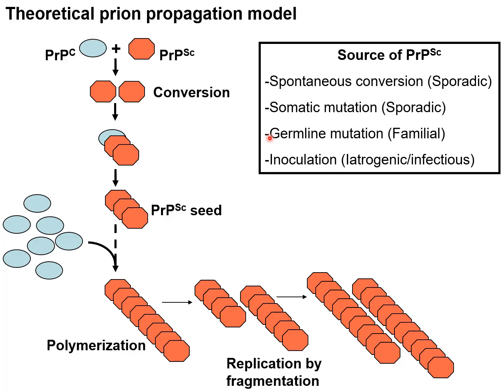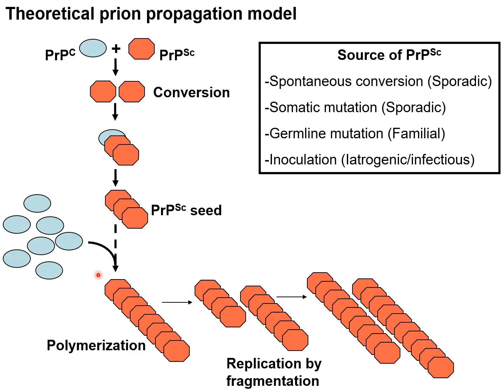Now, this is the theoretical prion propagation model. This is how we think prions replicate. The normal cellular form is, as you can see here, this blue blob, and you'll see that the PrPSc, the misfolded form, can convert this one PrPC. Once this is converted, these proteins can then convert other PrPCs into PrPSc, and so you start seeding this, you start forming filaments.